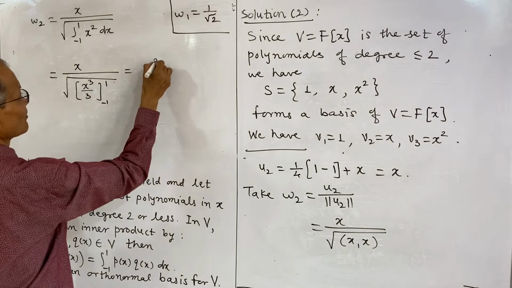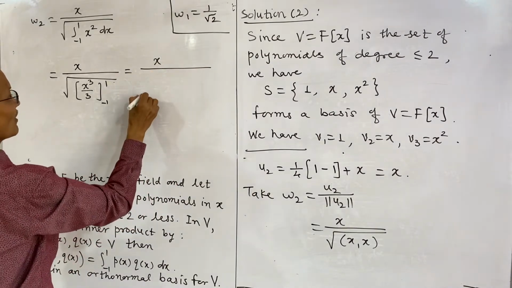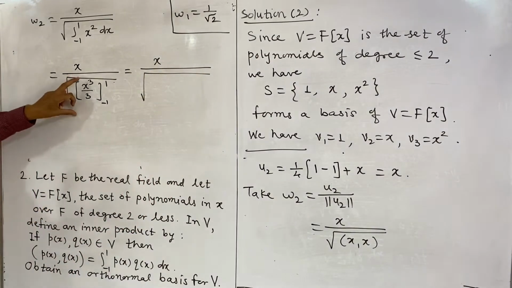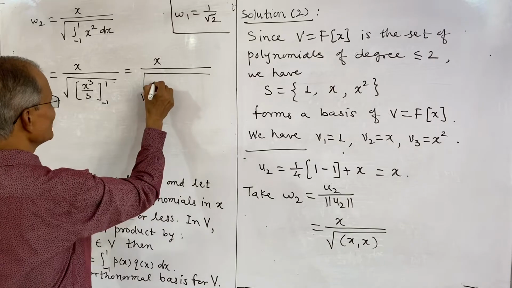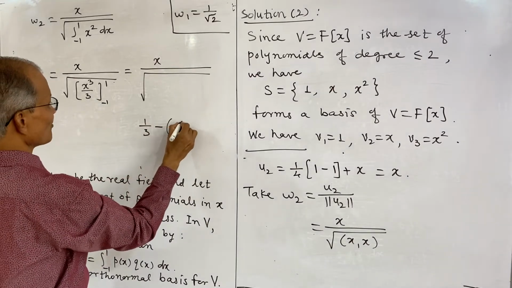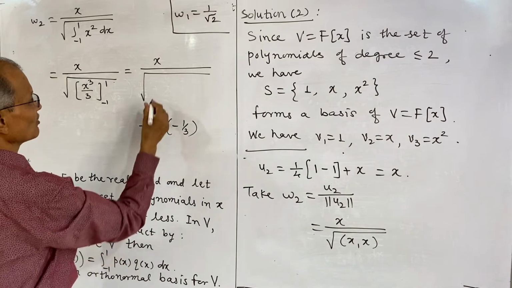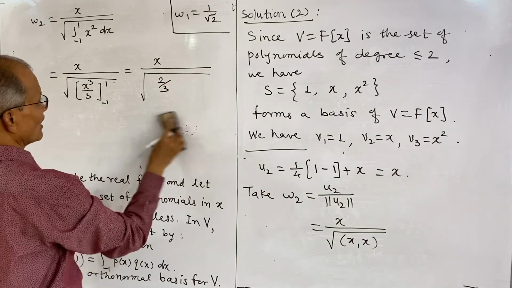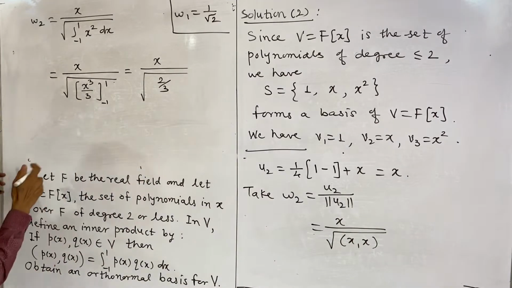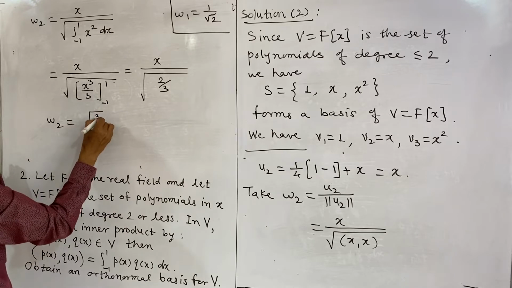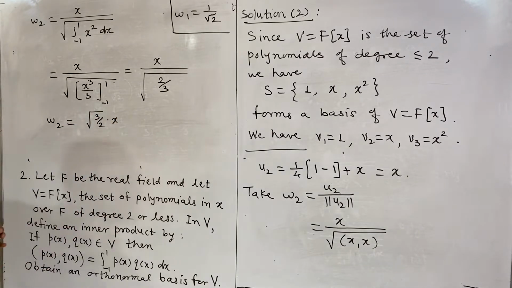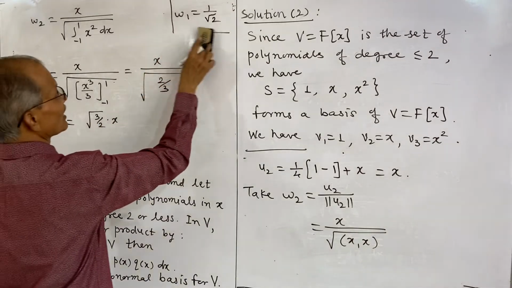Put the upper limit as 1, so it is 1 by 3, minus put the lower limit as minus 1, minus 1 cube is minus 1, so finally that becomes plus. I shall write it directly. So it is 1 by 3 plus 1 by 3, and therefore it will be 2 by 3, and thus W2 is equal to root 3 by 2 times x. So this is the value of W2 we have, and I shall write that value here.